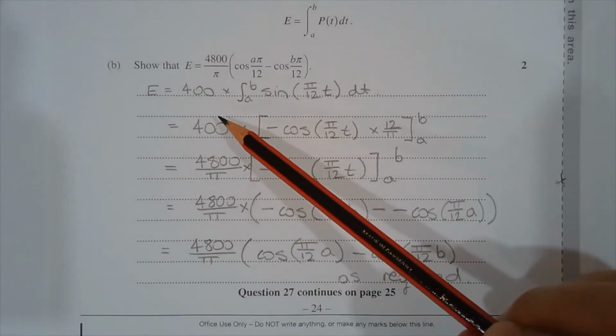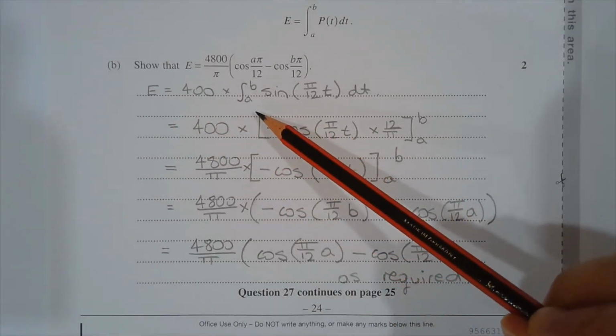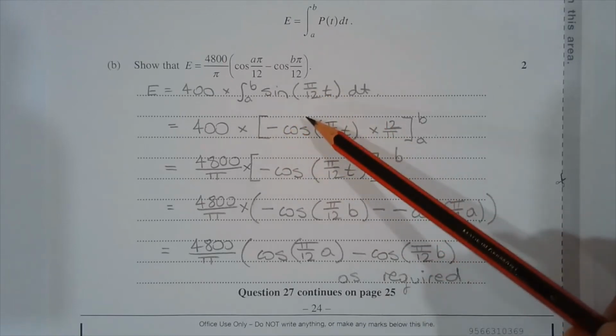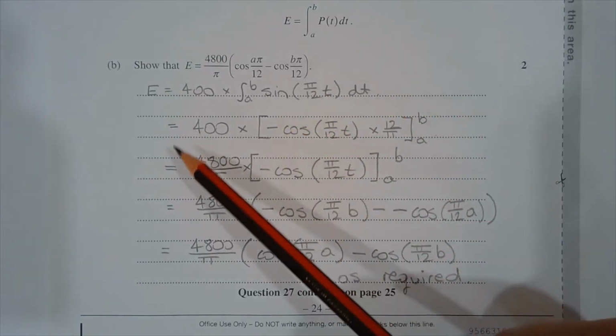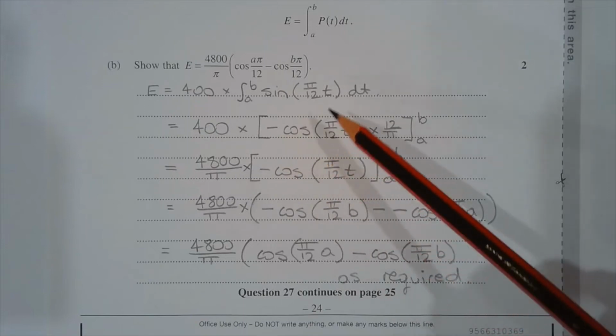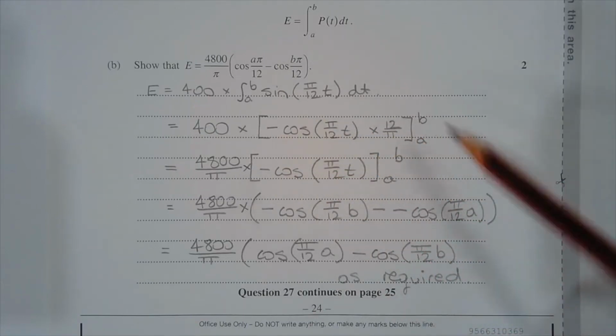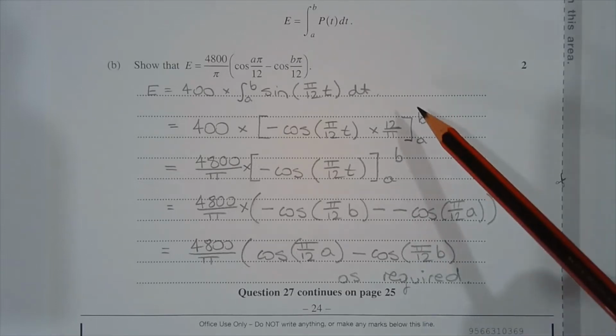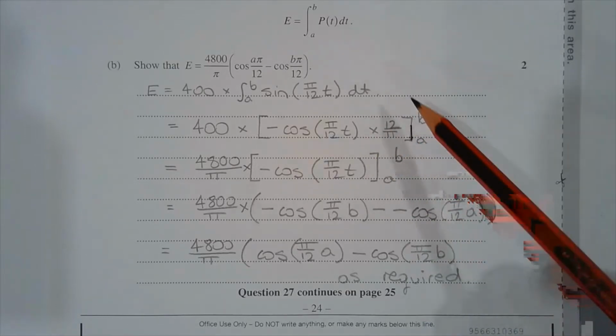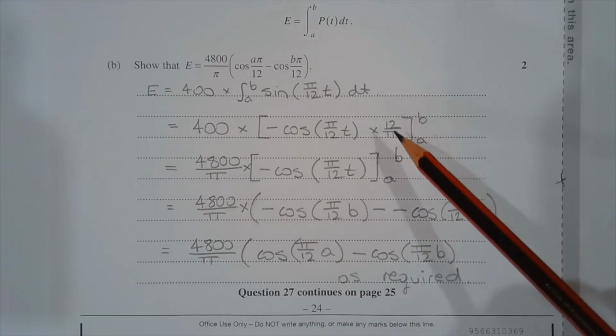E equals 400 multiplied by the integral from t equals A to t equals B of sin(πt/12) dt. And that equals 400 multiplied by negative cos(πt/12) multiplied by 12 over π from t equals A to t equals B. This multiplication by 12 over π can be taken outside of the square brackets since 12 over π is a constant.